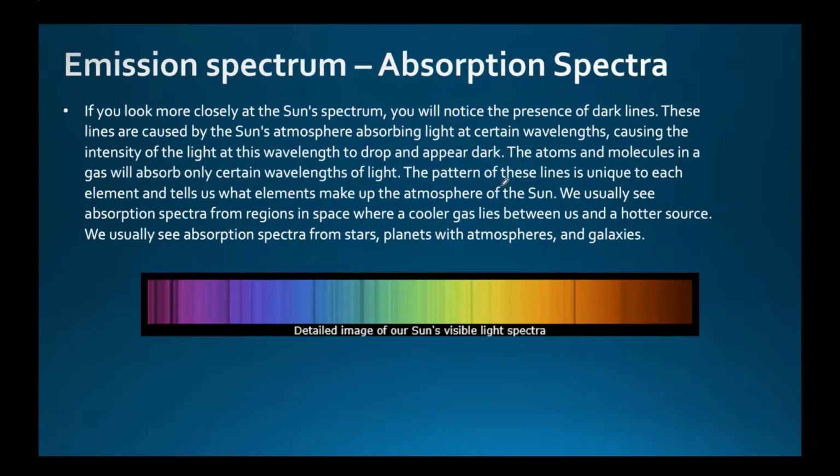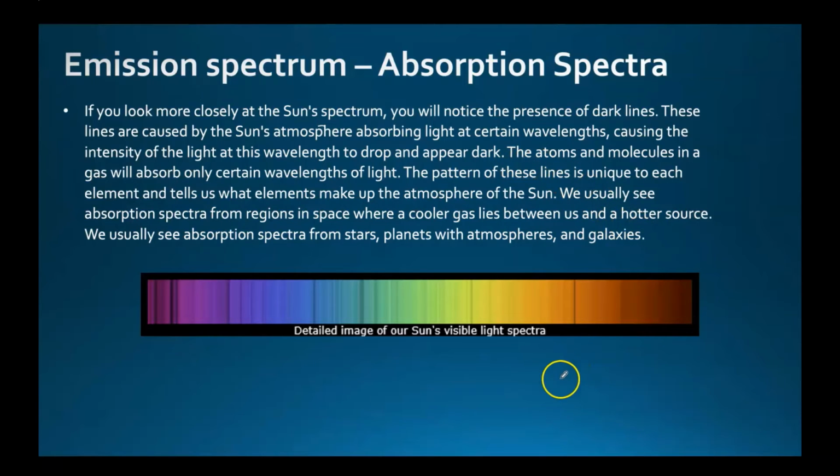And for absorption spectra, if you look closely at the sun's spectrum, you will notice the presence of dark lines. These lines are caused by the sun's atmosphere absorbing the light at certain wavelengths, causing the intensity of the light at these wavelengths to drop and appear dark.